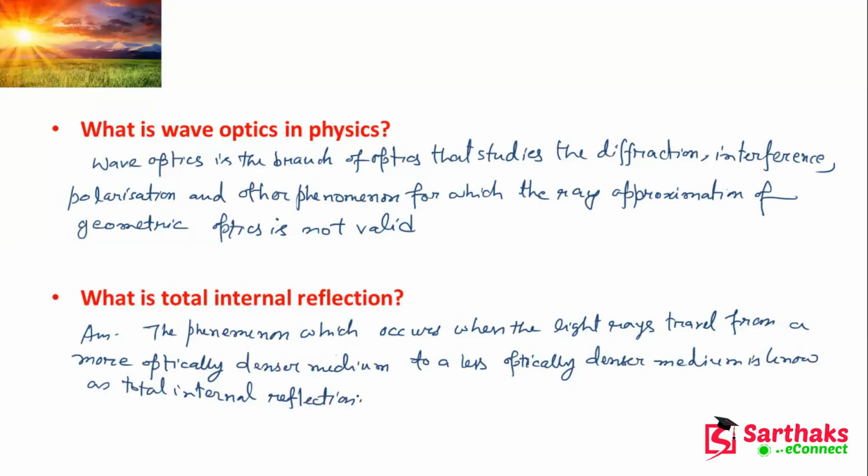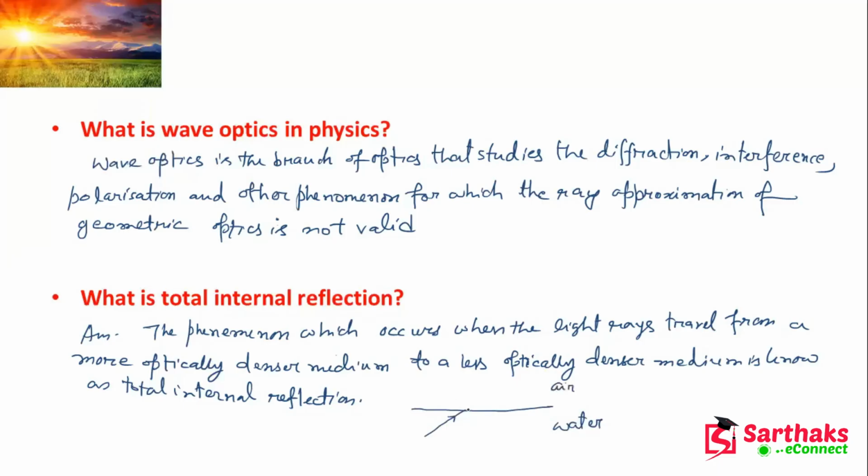And here the complete reflection of a ray of light within a medium such as water or glass from the surrounding surfaces back into the medium. Here you can draw the diagram. Suppose this is the water, and this ray is coming to the air.